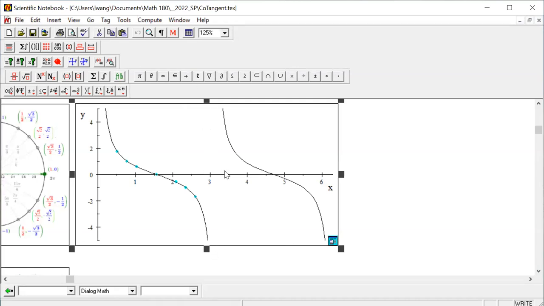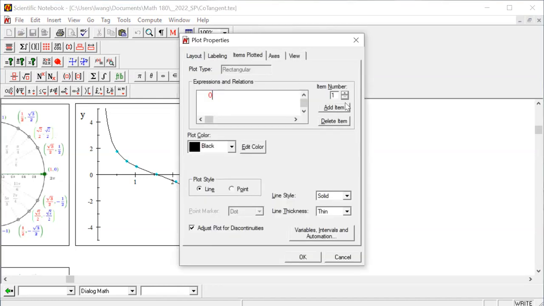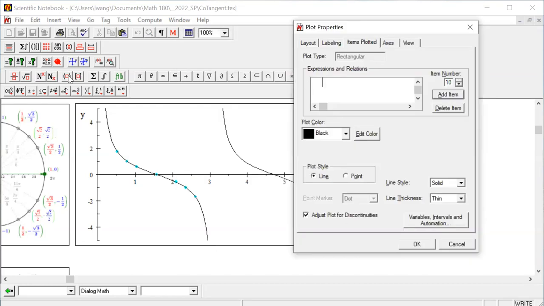Now we can tell that 0 is a vertical asymptote, pi is a vertical asymptote. So let's put those asymptotes in place. Here, this one, vertical asymptote, a broken line.